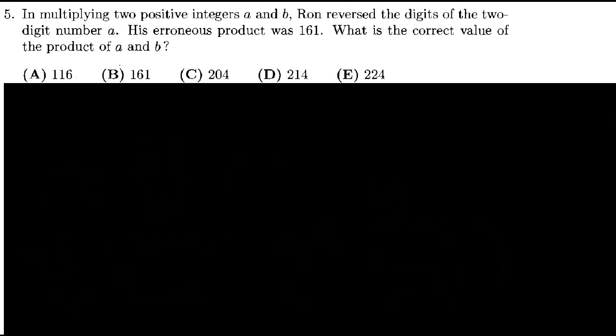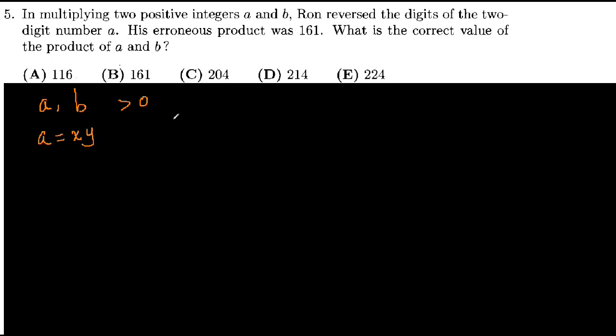Question number 5. So we have two positive integers, A and B, greater than 0, and Ron is doing multiplication of A and B, but he switched the digits of A. A is, by the way, 2 digits. Let's say A equals XY, and the erroneous, the wrong product was 161.